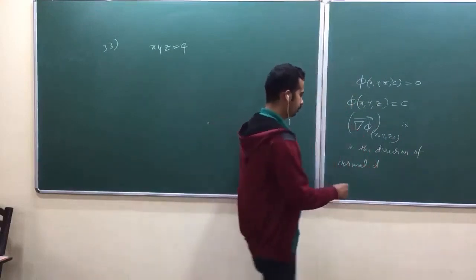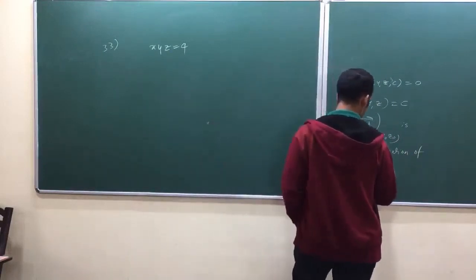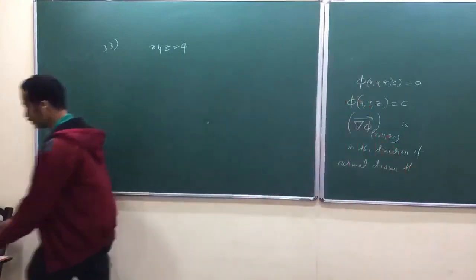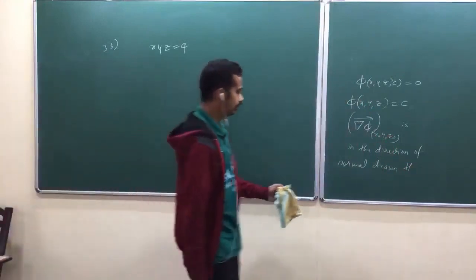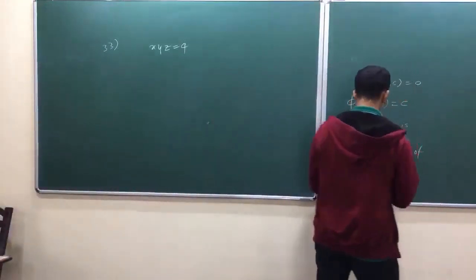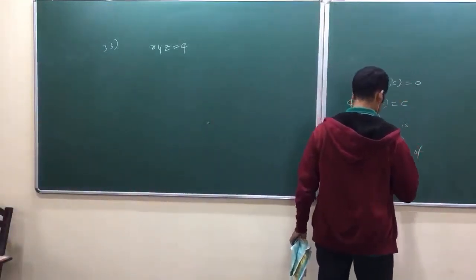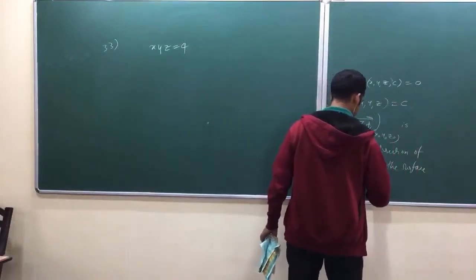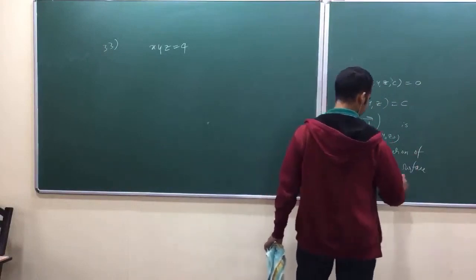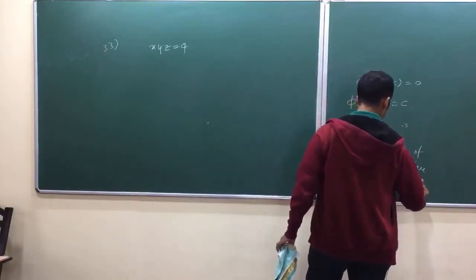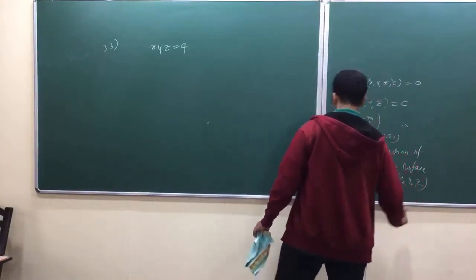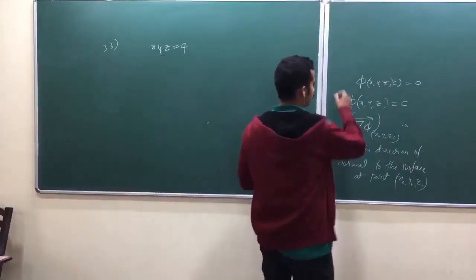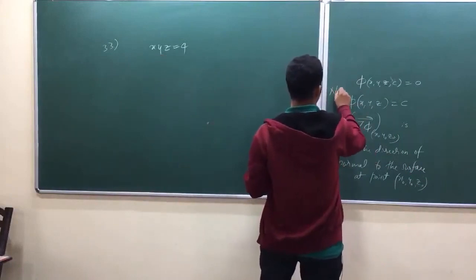Okay, normal, so drawn to the surface, normal to the surface at the point x naught, y naught, z naught. Is it clear? Can you have a note? So take it as a note here.